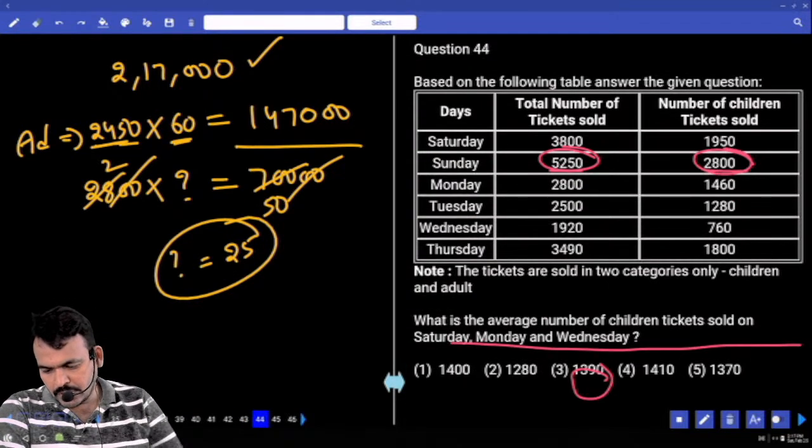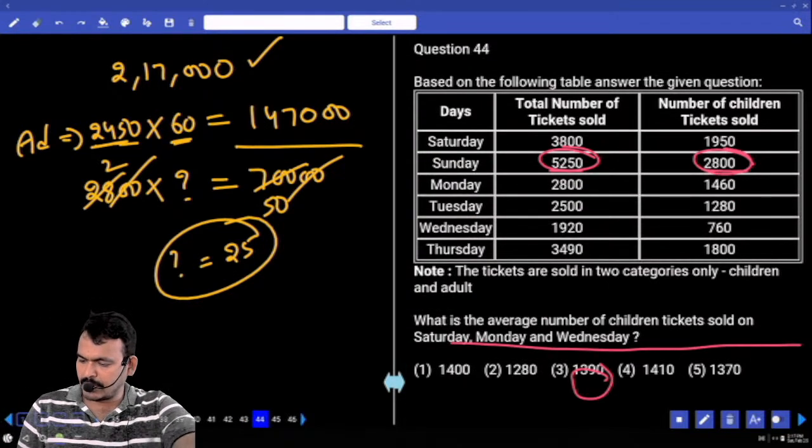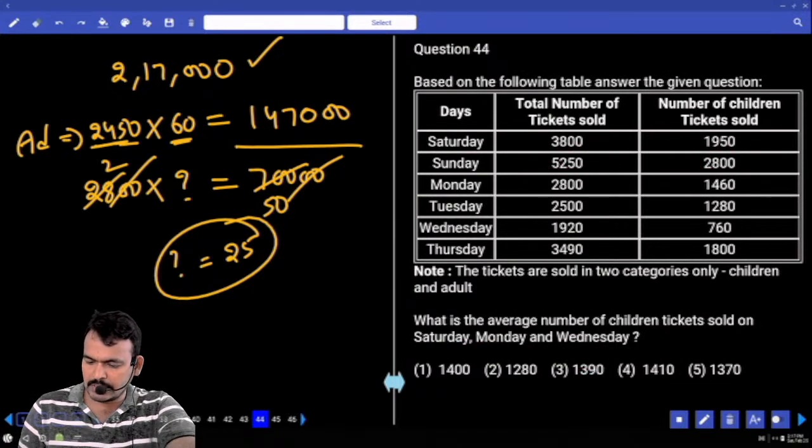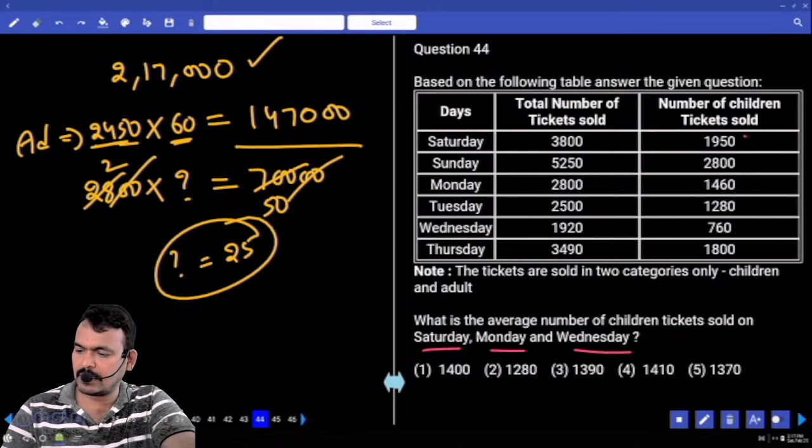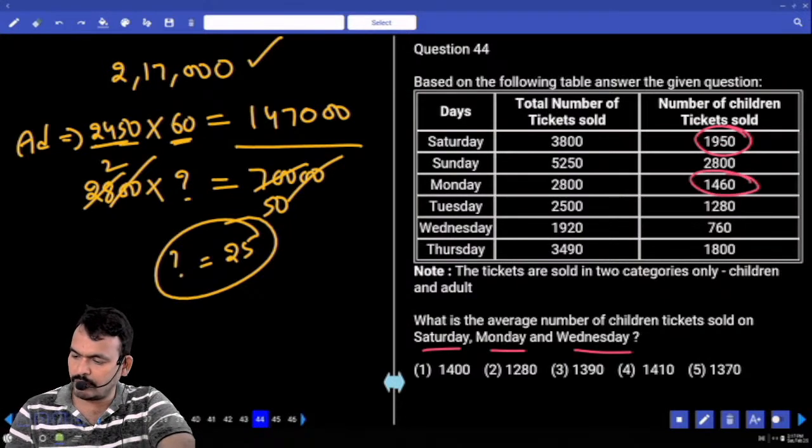Next, question number 44. What is the average number of children tickets sold on Saturday, Monday and Wednesday? What is the number of children on Saturday? 1950. Monday 1460. Wednesday 760.